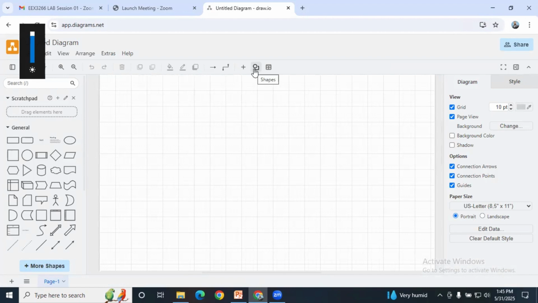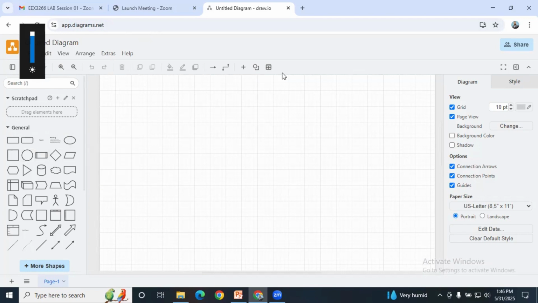So according to that scenario, there are three entities, two relationships, and 1, 2, 3, 4, 5, 6, 7, 8 attributes. So tell me, what is the shape for the entity?